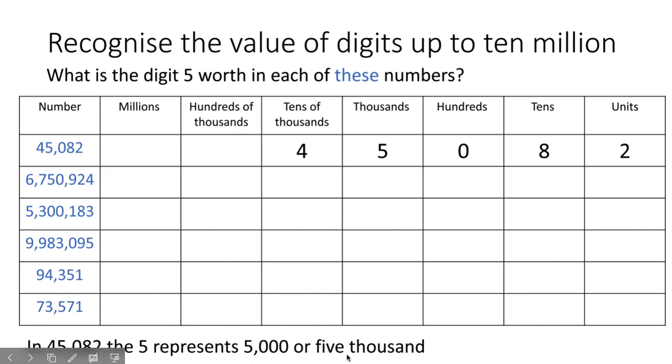So I've written it in 2 different ways there. Okay, it's your turn. I'll give you the answers again tomorrow. The number there. Split it out into the table. Find the 5. Can you tell me what it's worth in words or as a number? Even better if you've got both.